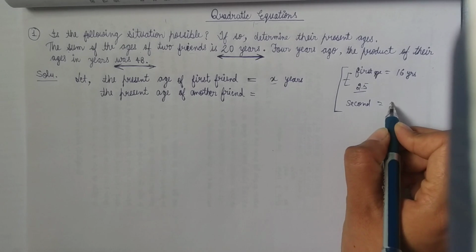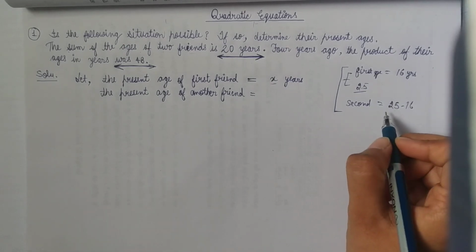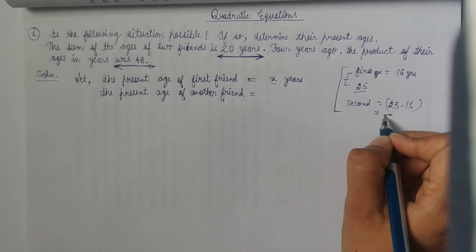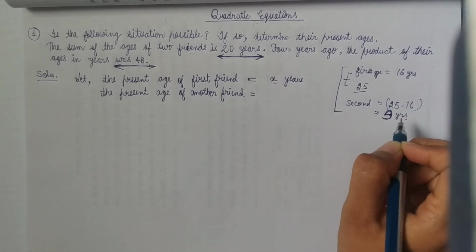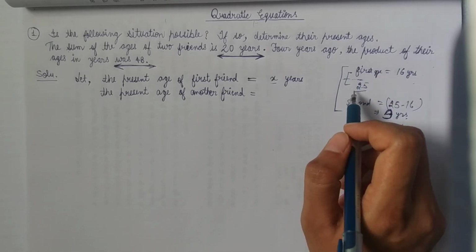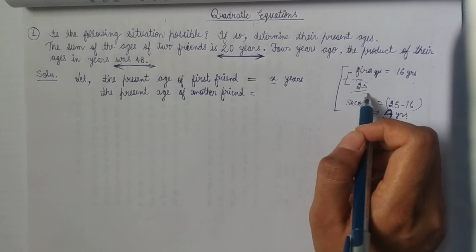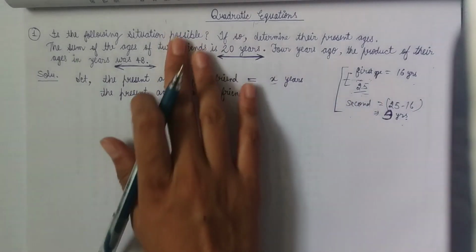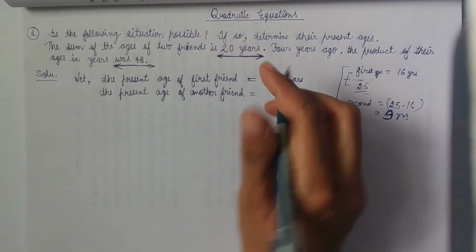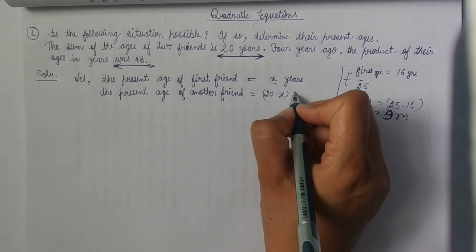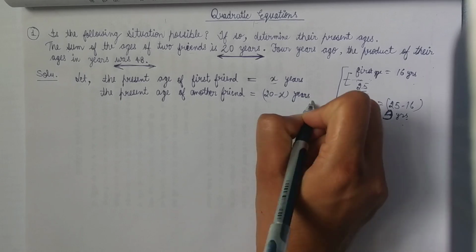You will tell me 25 minus 16, so that will be 9 years, right? तो अगर first friend की age given है और आपसे कहा जाए कि उन 2 friends की age का sum है 25, तो आप second friend की age easily find out कर सकते हैं 25 minus 16. So that's why I'm writing here 20 minus x years, because we have the sum of their ages.